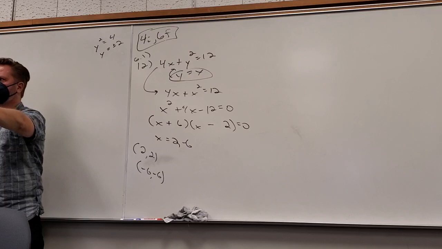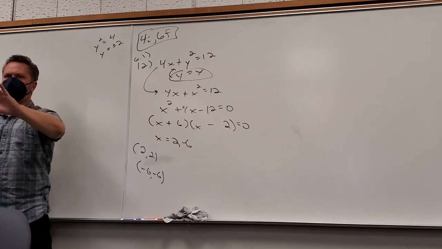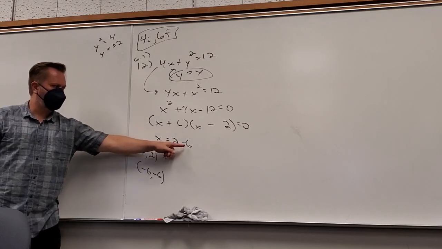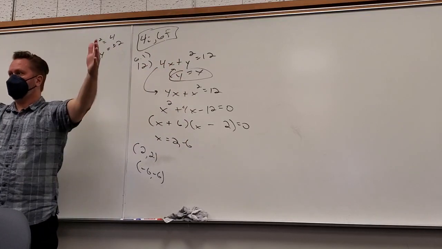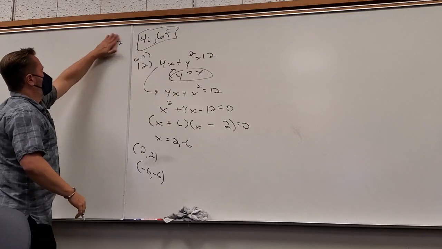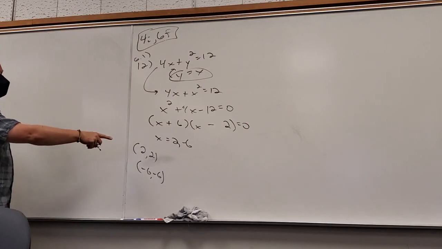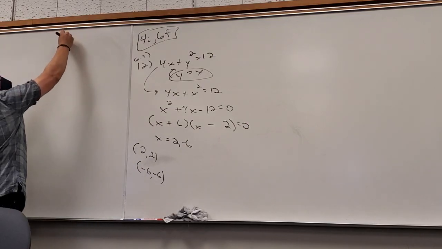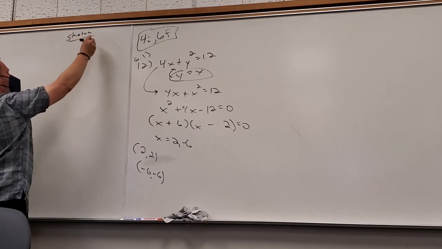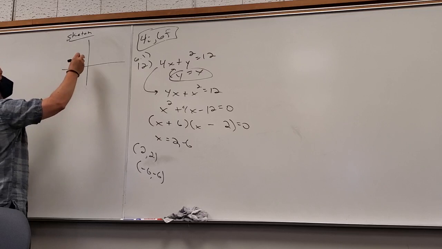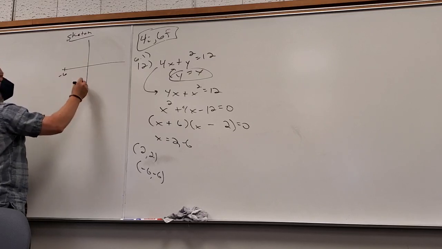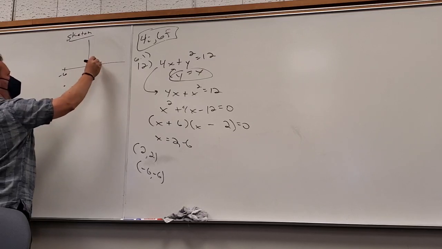Okay, I really want you guys to be with me. It shouldn't matter which equation you plug these into because they're supposed to be where they meet, so they're going to both give you the same information. All right, so let's use that to make a sketch. The points are 2, 2 and negative 6, negative 6.